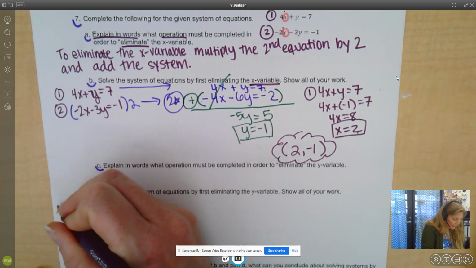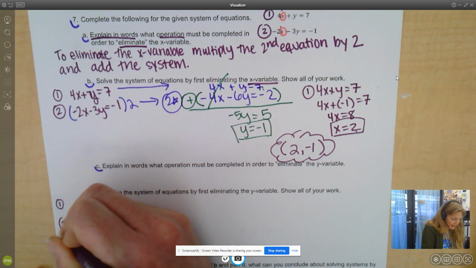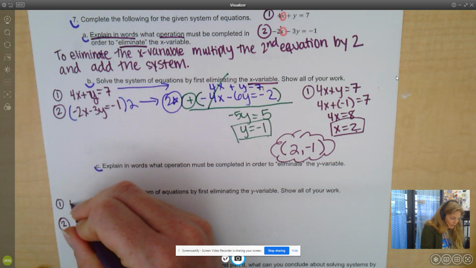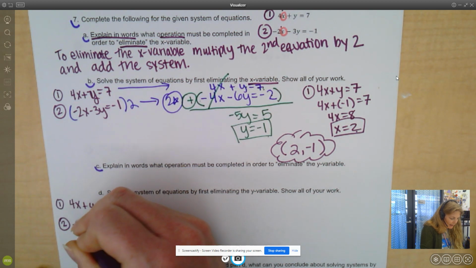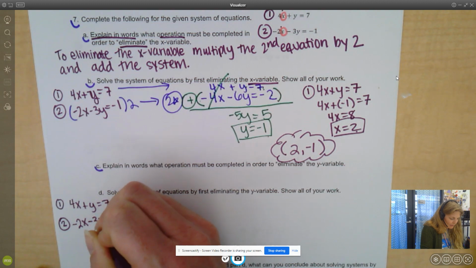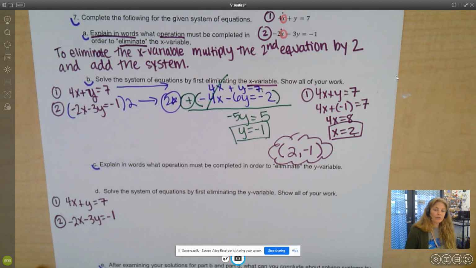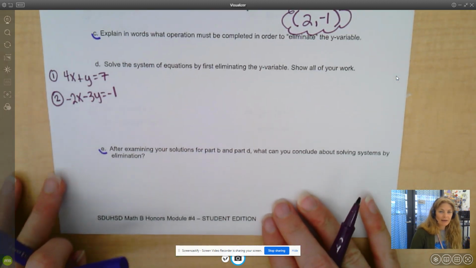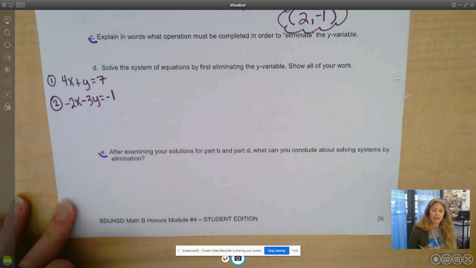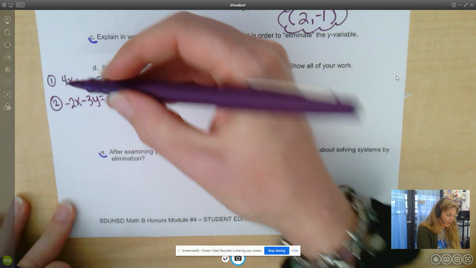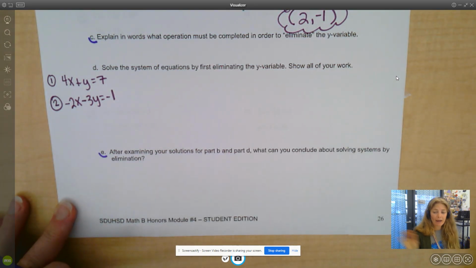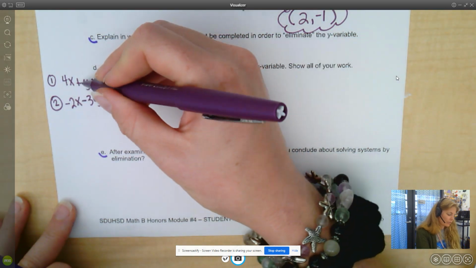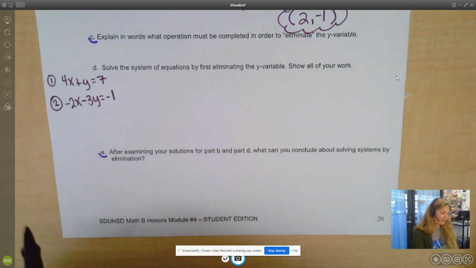So I'm just going to write my equations down here because I'm going to need them anyway. 4x plus y is equal to 7, and negative 2x minus 3y equals negative 1. I could solve this system by eliminating the y variable first. It's going to be just as efficient because I notice my y's, one is negative, one is positive, so they're already opposites. I don't have to multiply by a negative, which is great. And they are multiples. 1 and 3 are multiples of each other.